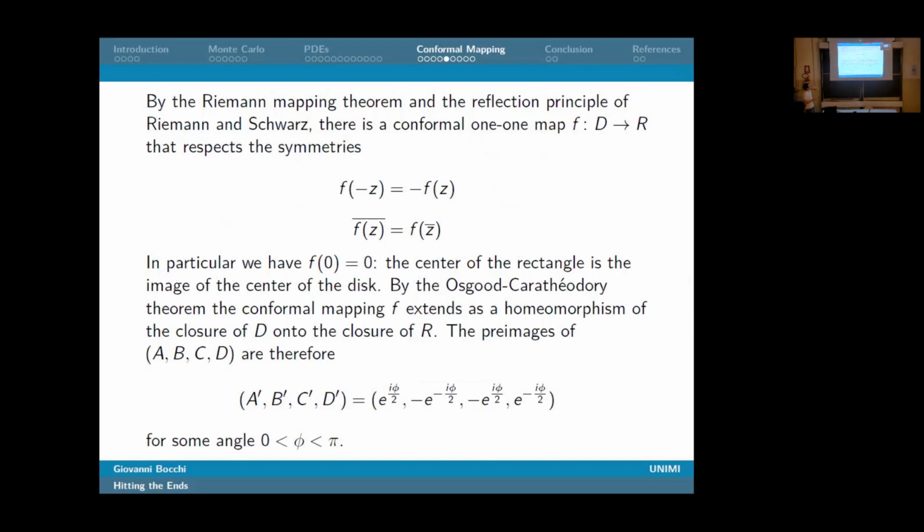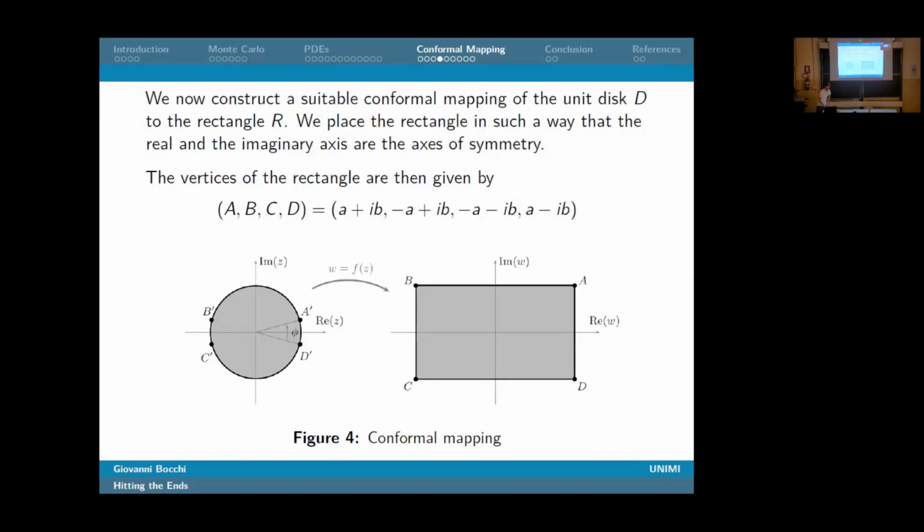And so we have that the preimages of A, B, C, D should be A prime, B prime, C prime, and D prime, which are these complex numbers here, represented on the boundary of the unit disk, where we essentially have this angle phi between A prime and D prime, which is the same as that subtended by the arc from A prime to D prime and from B prime to C prime.